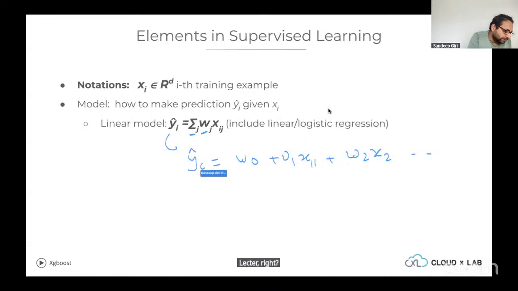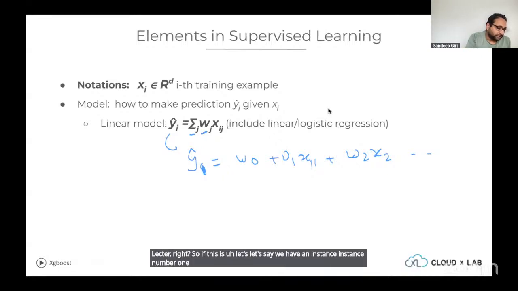So let's say we have an instance number one. We are feeding the first column of the instance, second column of the instance, and third column of the instance.